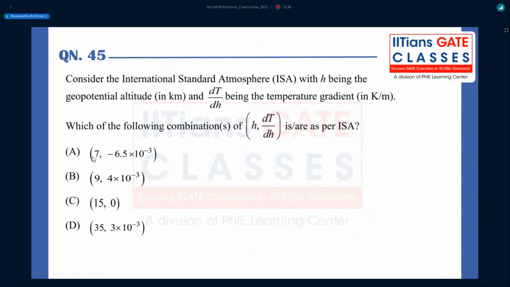Option A, at 7 kilometer geopotential altitude, the lapse rate is minus 6.5 into 10 power minus 3. Option B, at 9 kilometer, the lapse rate is 4 into 10 power minus 3 Kelvin per meter. Option C, at 15 kilometer, 0 is the lapse rate. Option D, at 35 kilometer altitude, the lapse rate is 3 into 10 power minus 3 Kelvin per meter.